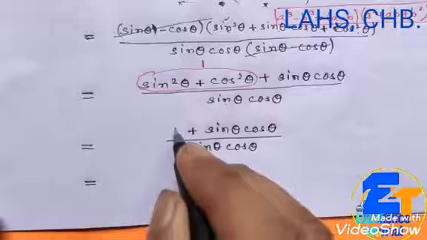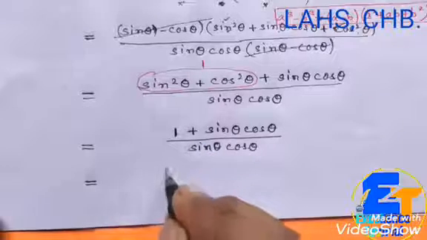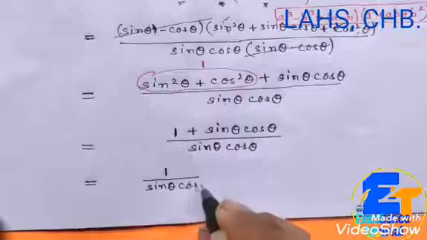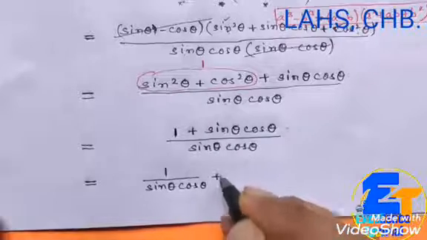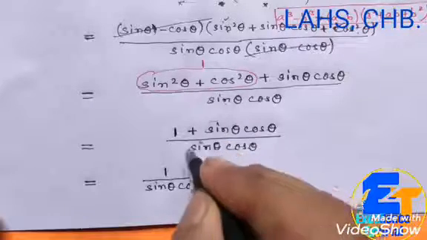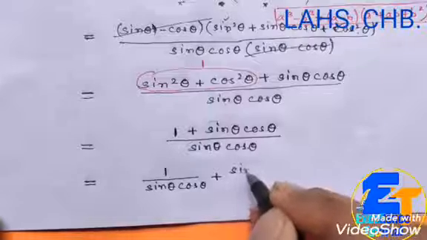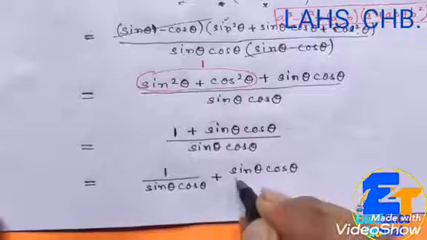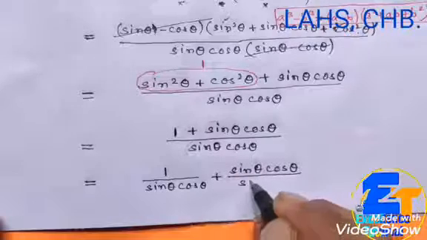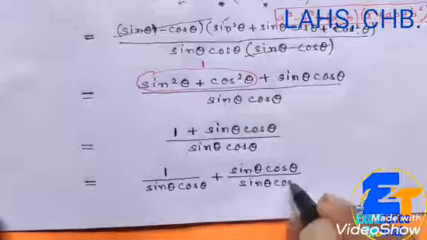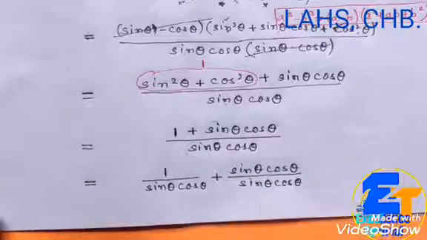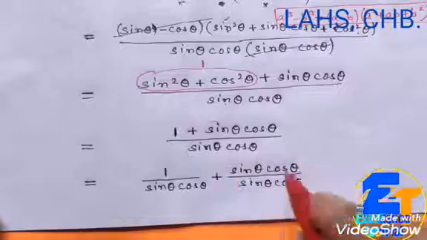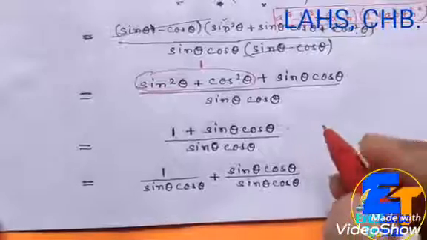This is the LCM, so write 1 by LCM, 1 by sine theta cos theta plus second term by LCM in this way, sine theta cos theta by our LCM, which is sine theta cos theta. I hope you have understood this. See what we did, we have split the term in this way.